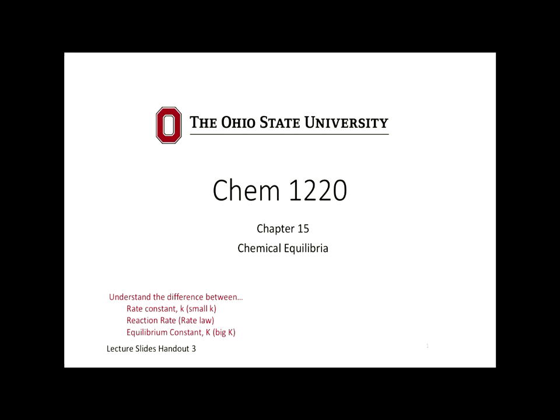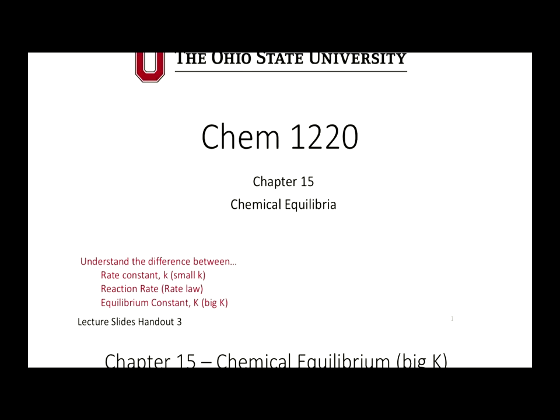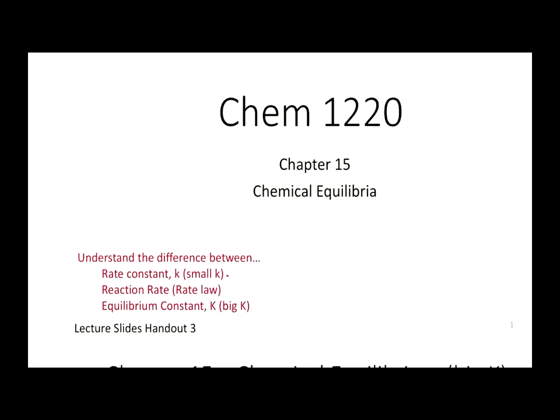Now, for the next month, we're going to talk about big K, right? So it's a different K, but it's bigger and it represents something else. So understand the difference between rate constant, that's what we talked about in chapter 14, and how that is related to reaction rate, your rate law. Your rate law equals small k, rate constant times concentrations. And we're going to now talk about big K. Big K is related to small k, and I'll show you how.